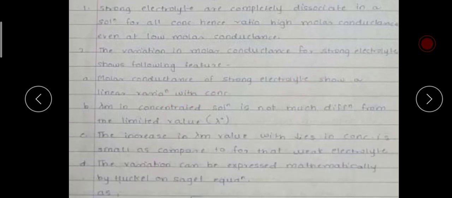The variation in molar conductance for strong electrolytes shows the following features. Molar conductance of strong electrolytes shows a linear variation with the concentration. Lambda m in concentrated solution is not much different from the limiting value lambda 0.